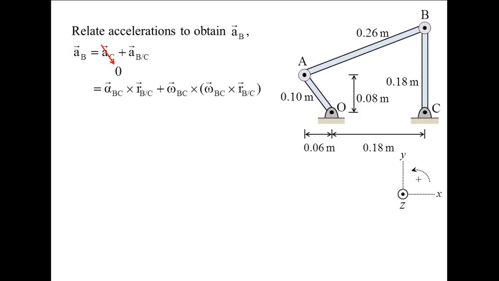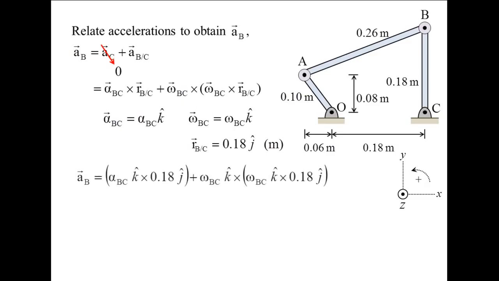The normal component is omega BC cross the quantity omega BC cross RBC. The angular acceleration vector for link BC has the magnitude of alpha BC and points in the z direction. We already obtained expressions for omega BC and RBC. Evaluating the cross product gives us the acceleration of point B.